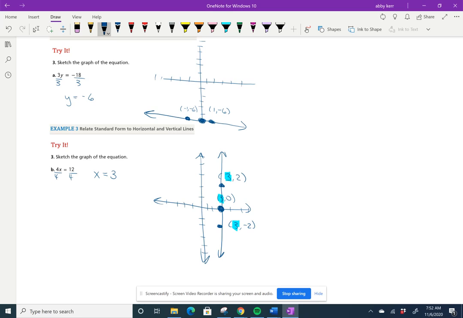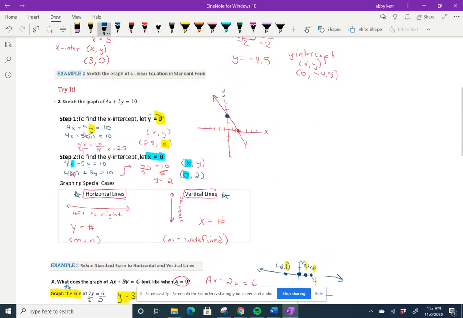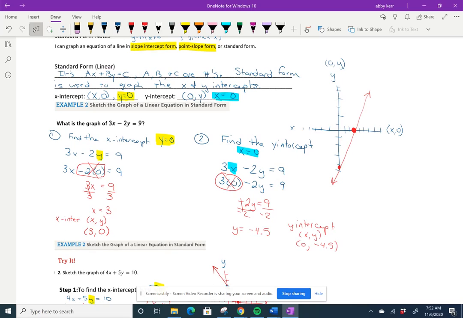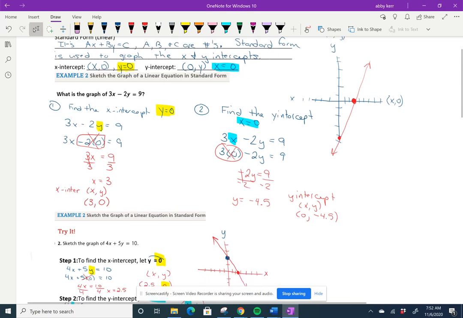So what the notes covered today was graphing from standard form. When you graph from standard form, it is very important for you to find the x and y intercept. That is how you graph this line. So you're only going to have 2 plotted points, even though the line is made up of infinitely many, but we're going to be looking at the points for the x and the y intercepts.